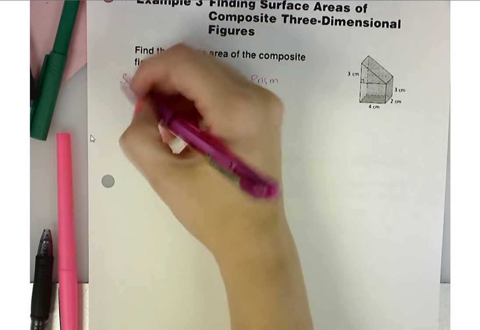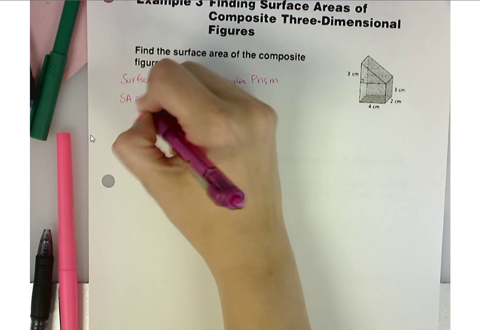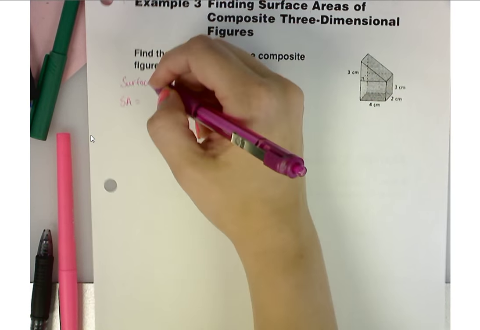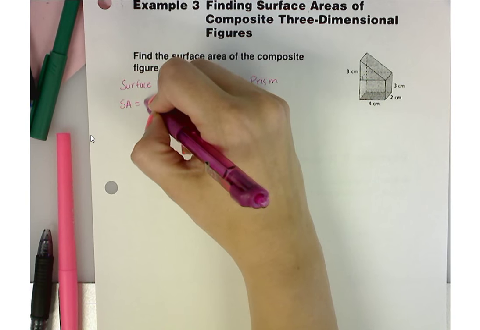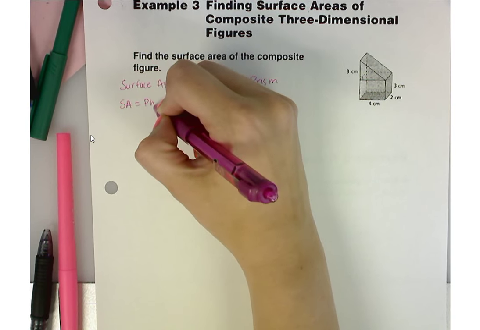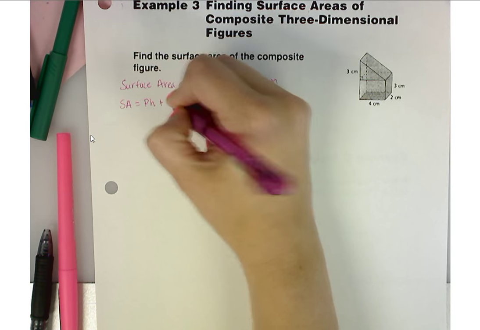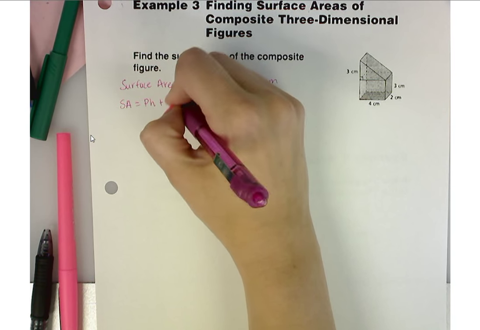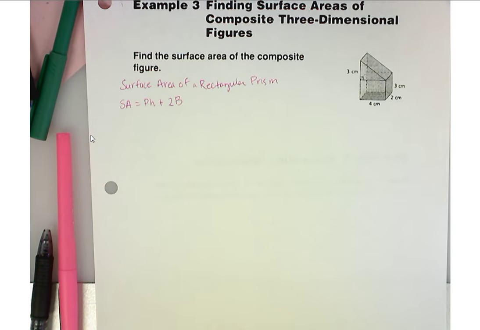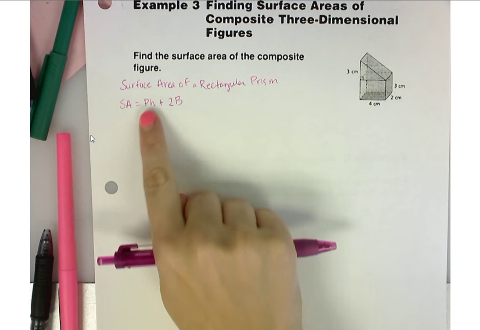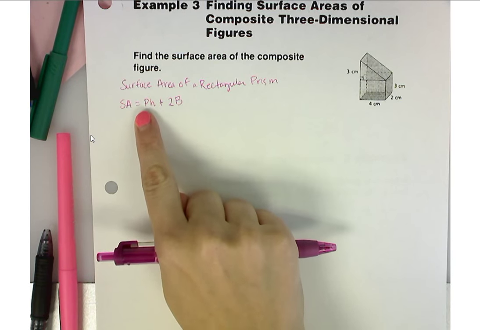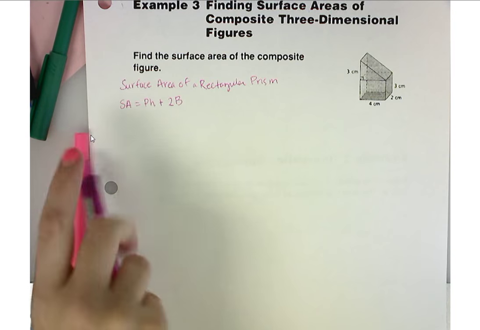So the surface area for a rectangular prism is going to be the perimeter of the base multiplied by the height plus 2 times the area of the base. Remember those are variables we talked about yesterday, the perimeter of the base and the area of the base.